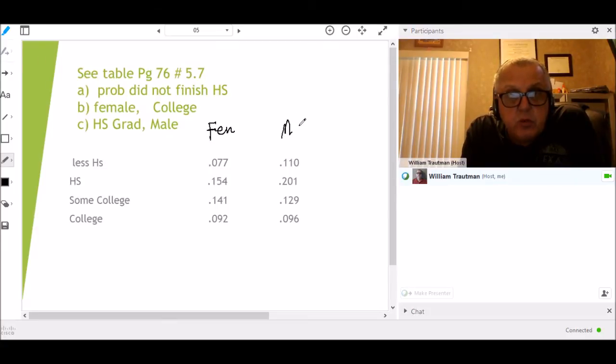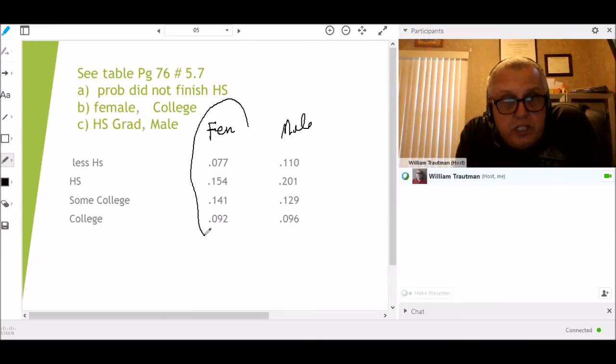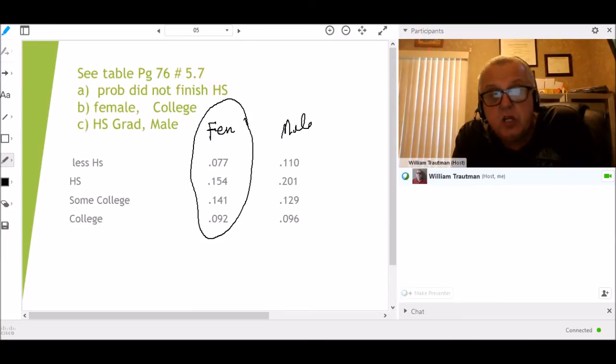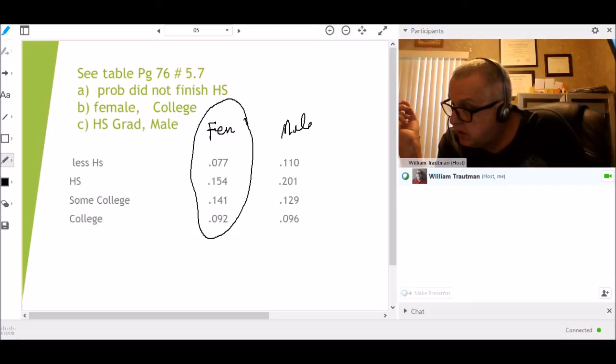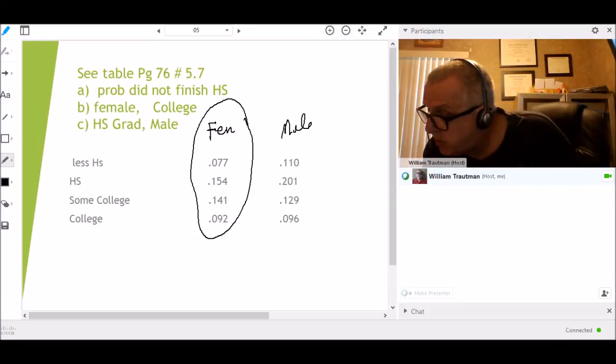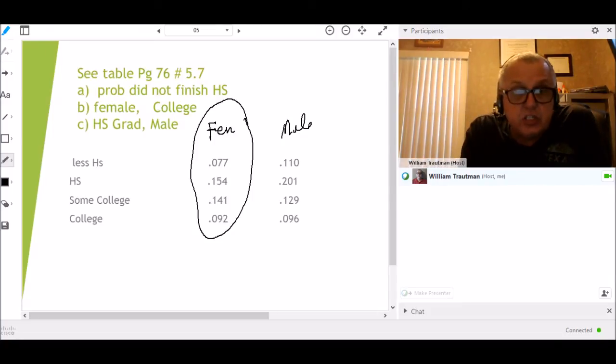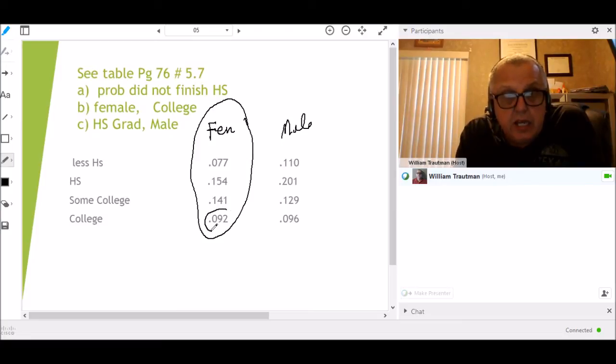These were the males. So we're only looking at the females. What is the probability that she has a college degree? And right here is the probability that she has a college degree.